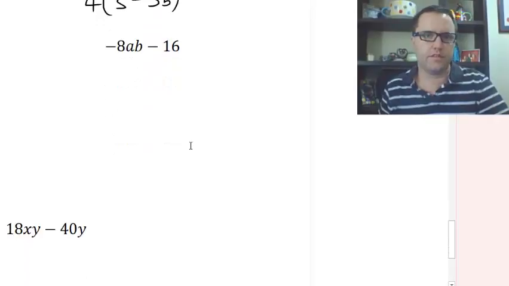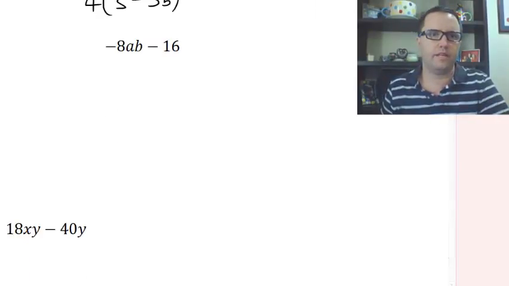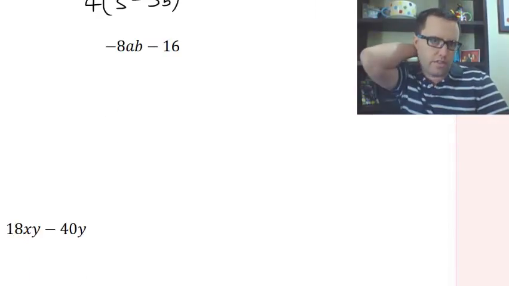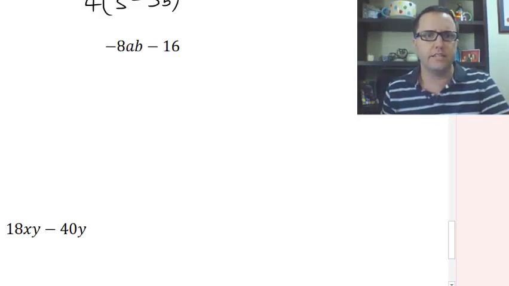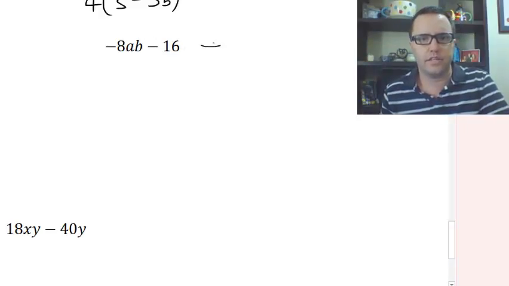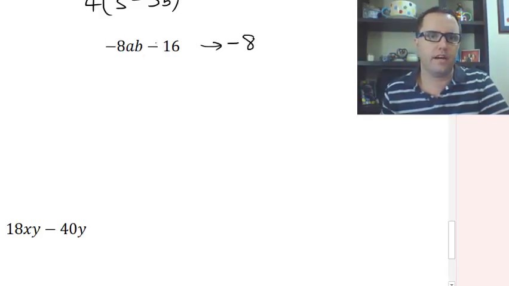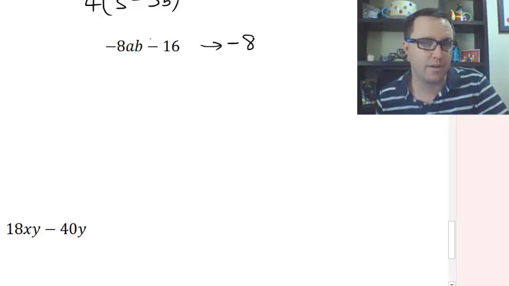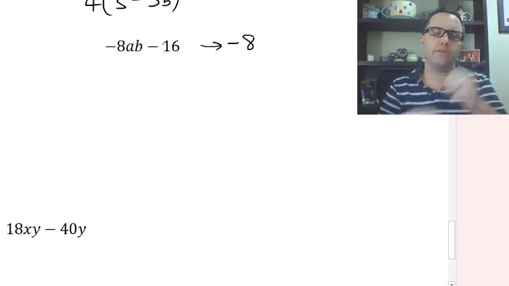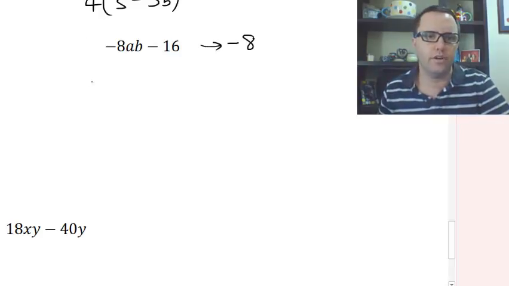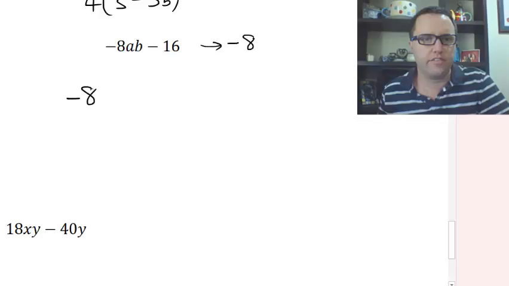We've got negative 8ab minus 16. The highest common factor of these two isn't just 8, it's actually negative 8, because negative 8 is also a factor of negative 16. Remember, this minus belongs to the 16. So we'll put negative 8 at the front.